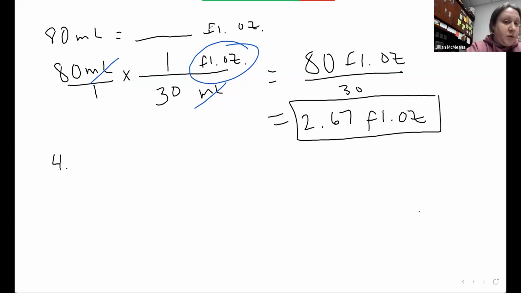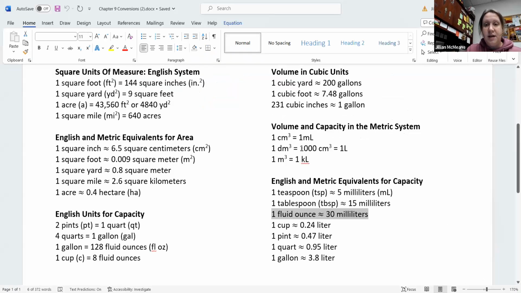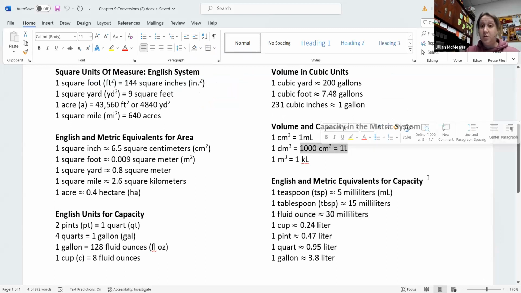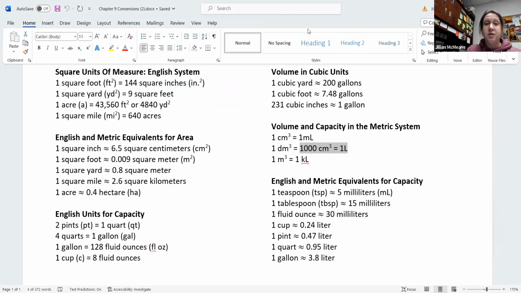Let's say we have 4.5 liters and we want to convert it to cubic centimeters. Okay. Now you might remember this one because we've done this one twice, but just in case, we need to know that there are 1,000 cubic centimeters in 1 liter. Okay, so 1,000 cubic centimeters per liter.